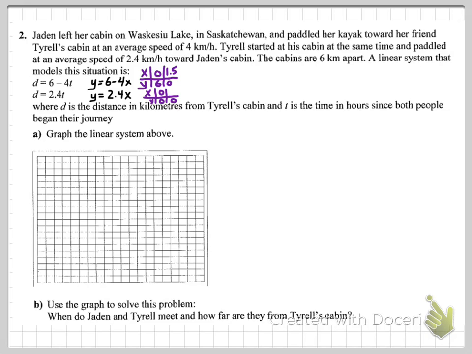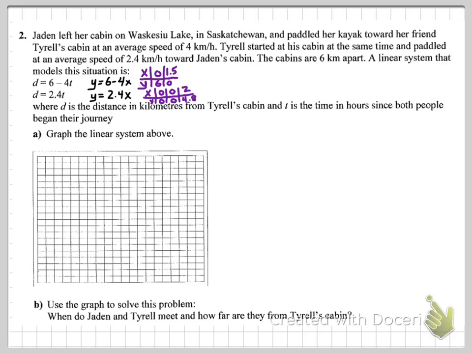Now for our second equation, if x was 0, y is equal to 0, and if y is equal to 0, x equals 0. Well, we need another point, so if x was, say, 2, then 2.4 times 2 means y would equal 4.8.